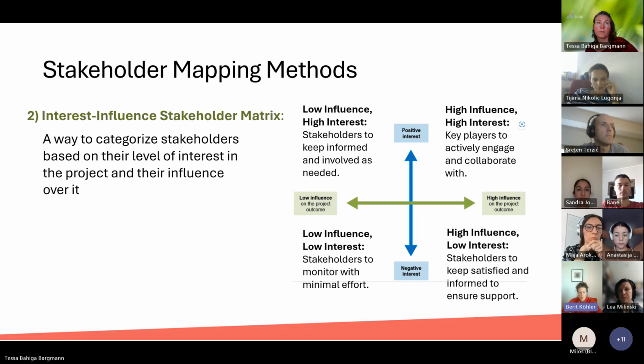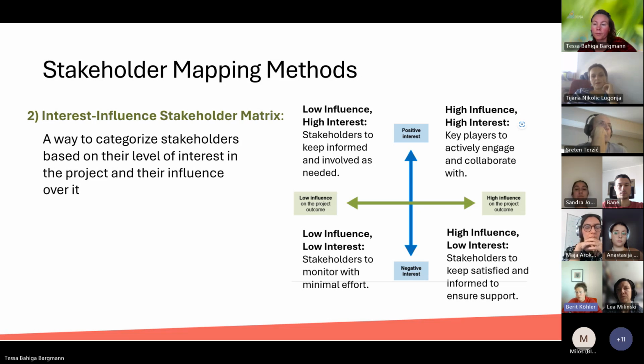happens often across the so-called interest-influence stakeholder matrix. This is a way to categorize stakeholders based on their level of interest in the project on one hand, and on the other hand, their influence on the project or the project matter. And then we can map the different stakeholders into these different quadrants.